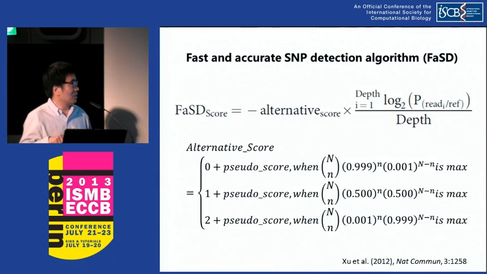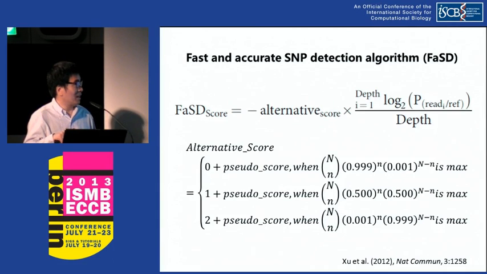If you observe the sequence, this is the depth of the sequence, and this is the number of reads with the allele the same as the reference allele. If it's a homozygote the same as the reference, then you have a 99% chance to be the same as the reference allele. We give 0.1% chance as an error rate.